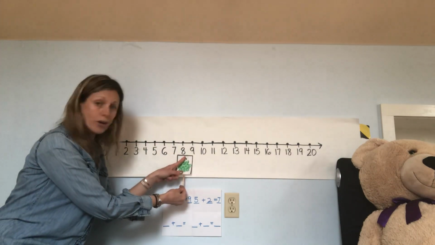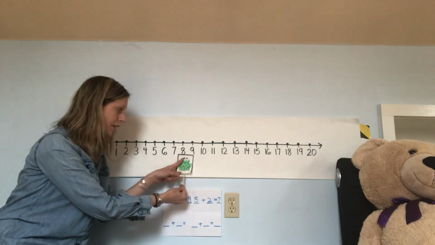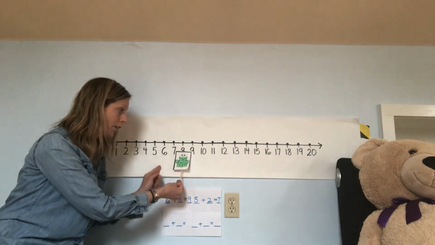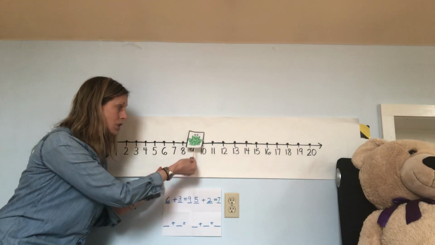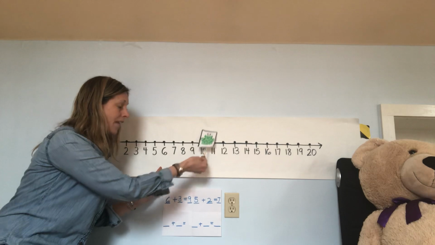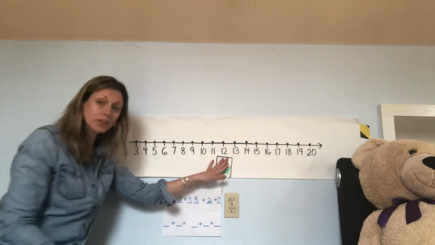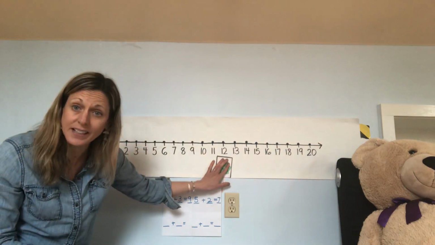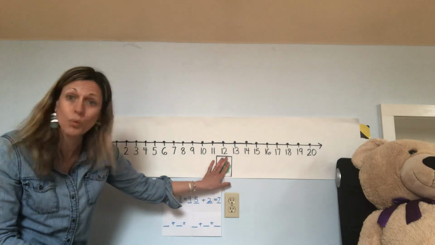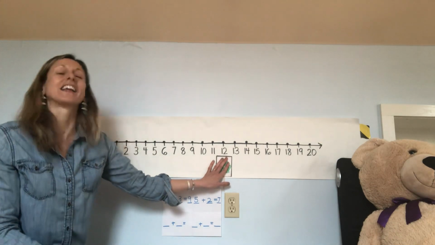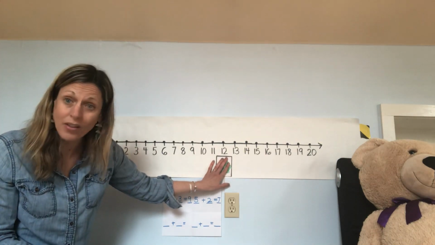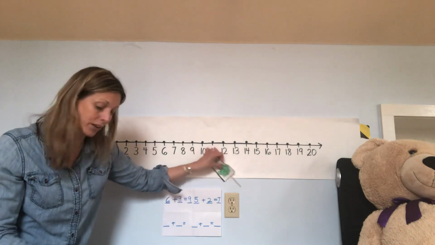We're going 4 frog hops forward on the number line starting at 8. Here we go. 1, 2, 3, 4. Oh my goodness, what number did we land on? It's a teen number, friends. It's a 1 and a 2. Yes, a 12. All right, let's make our number sentence.